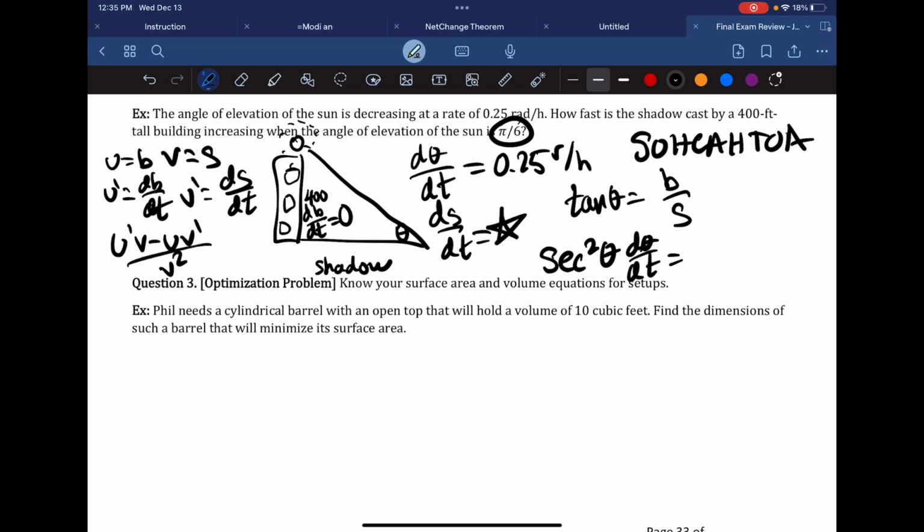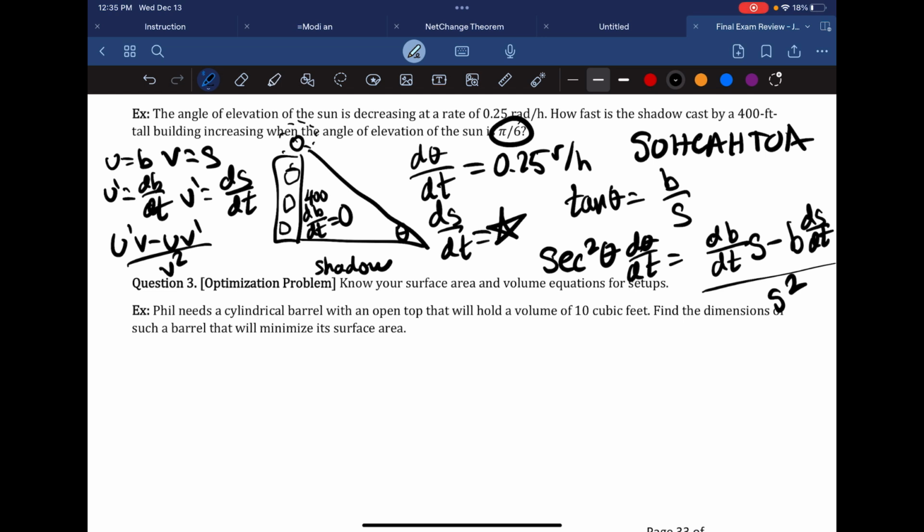So that's going to be db dt times s minus b times ds dt, all over s squared.